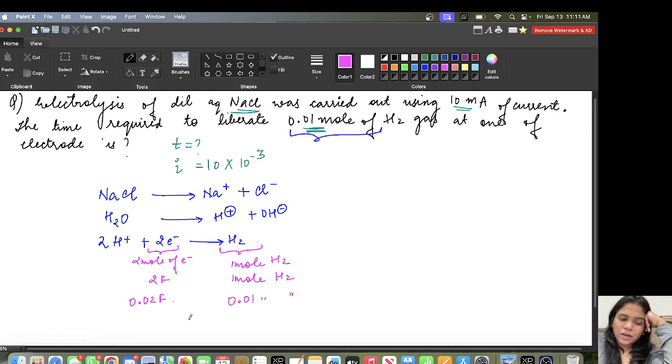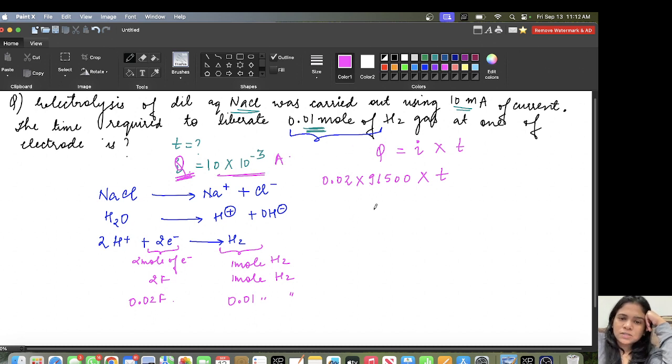Right? And 1 Faraday equals 96500 coulomb. So the same thing we will write, Q is equal to I into T, right? Here your Q is 0.02 into 96500, and this Q is also given as I into T, where ampere is the unit of current, right?